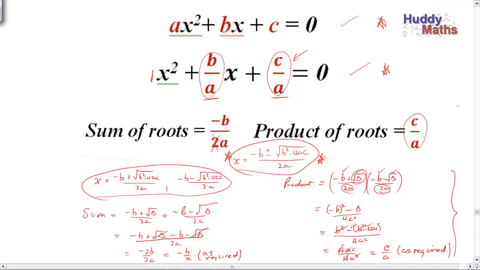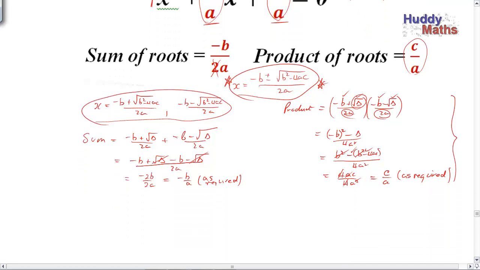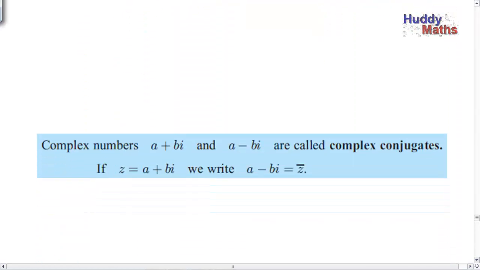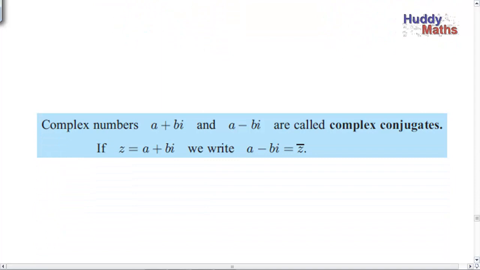Okay, let's go on and use some of that and try to answer the question, how are complex roots hiding in a real quadratic equation? So first of all, this sort of pattern that we get out of that formula, a plus bi and a take bi, we're always going to get that, aren't we? So we've got a name for it. It's negative b plus or minus the root of b squared take 4ac, over 2a.